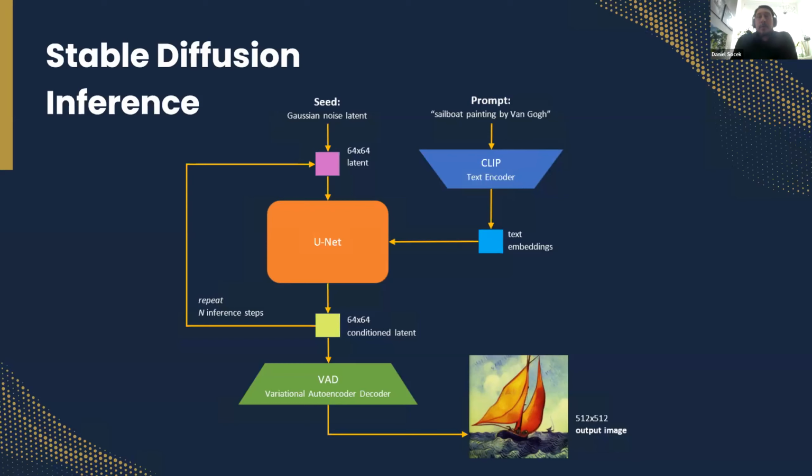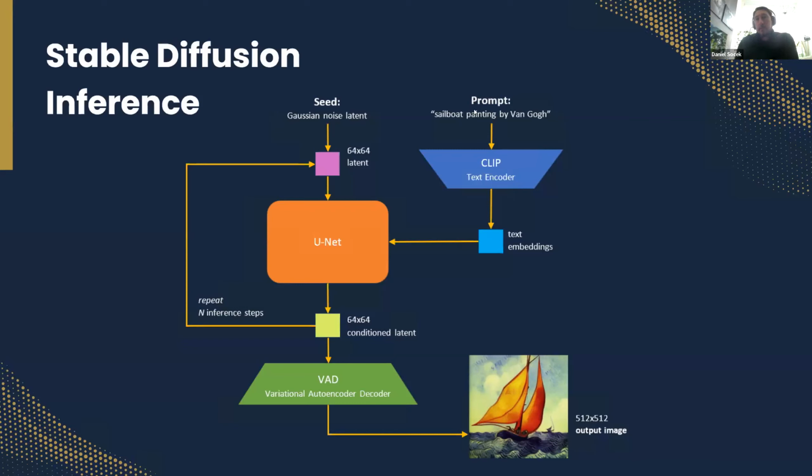It creates what are called text embeddings. These text embeddings represent your prompt in a space which is more similar to the image space, if you like. That's an intuitive way to describe it.